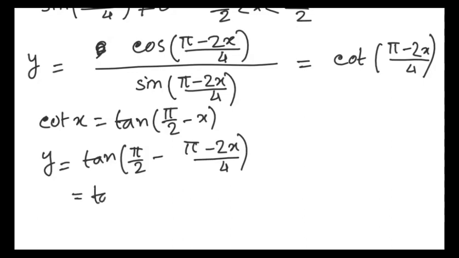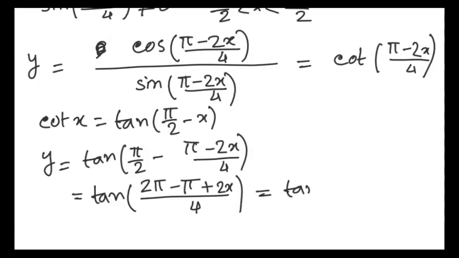So it becomes tan of (2 pi minus pi plus 2x) by 4, LCM is 4. So that is equal to tan of (pi plus 2x) by 4.